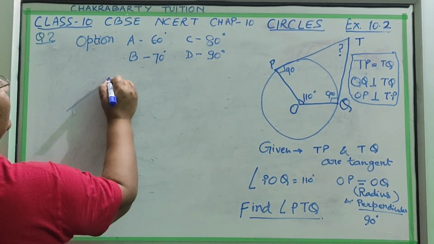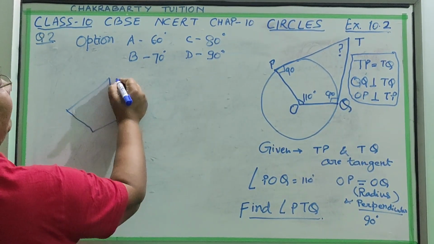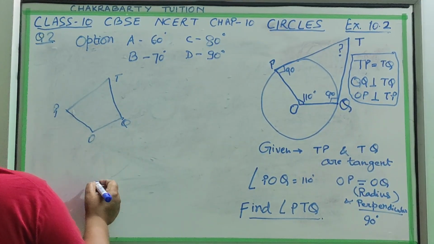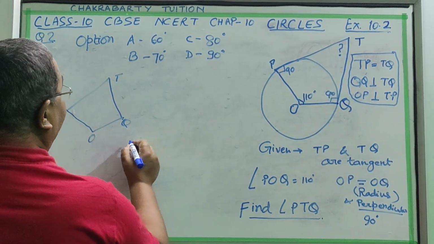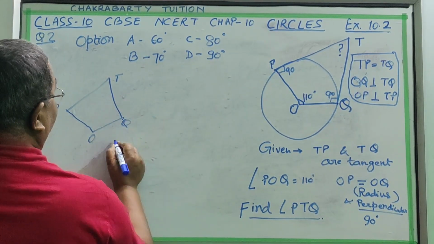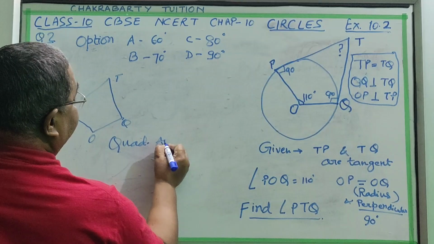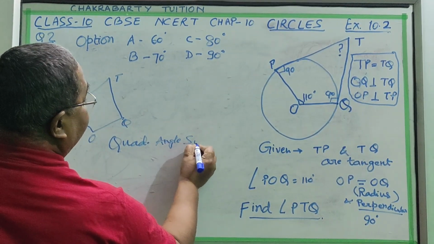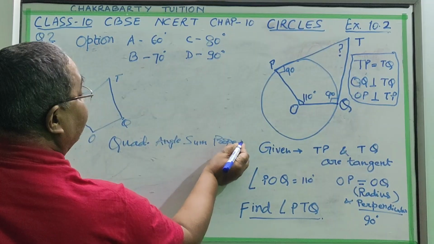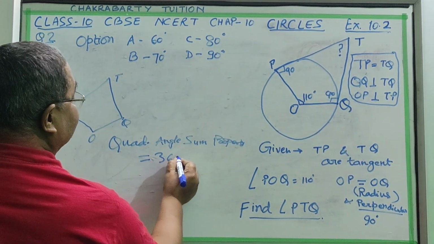So in this quadrilateral T, P, Q and O, there is always an angle sum property. The angle sum property means all the four angles will be equal to 360 degree.